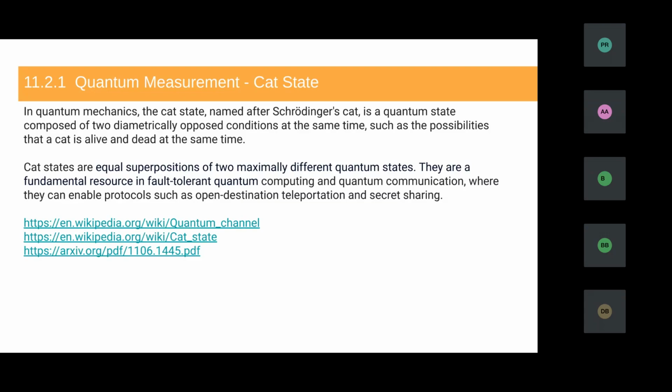Also, there are certain things important to note here. There can be a compute aspect of it, and there can be a communication aspect of it. These two are different in the sense that, when we say quantum channel, we have a classical communication.